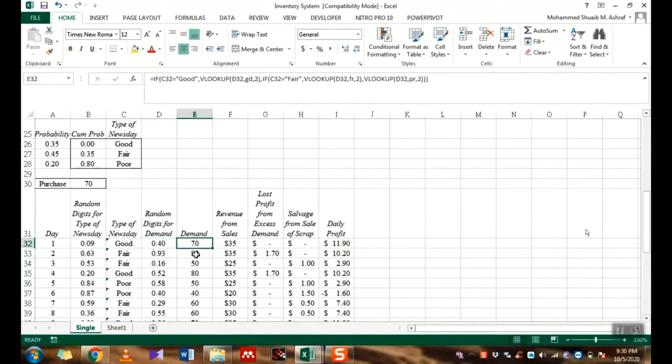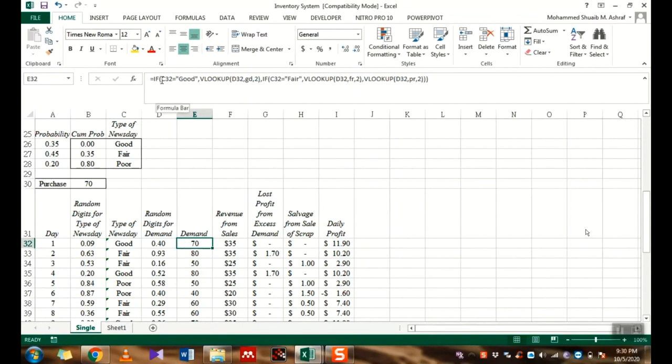Now I will compute the demand. I will compute the demand for day 1 with this random value. Okay. So let's see. News day is good and random digit for demand is 0.40. Now, what I will do, I will use an if condition.